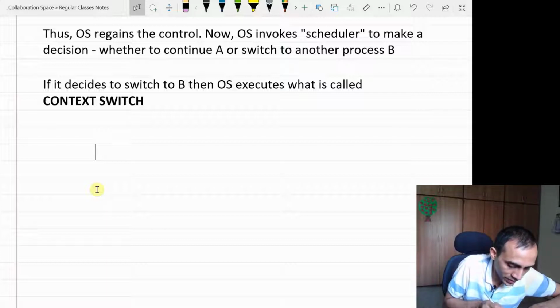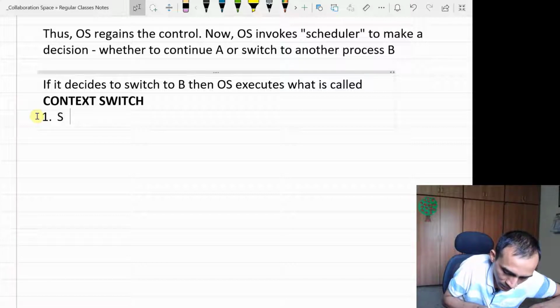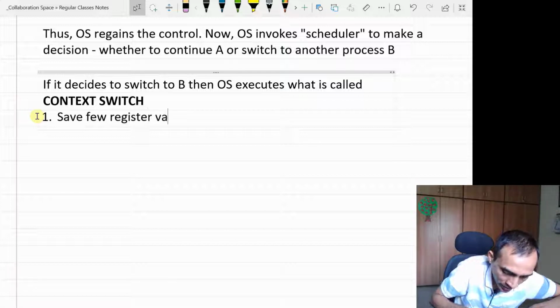So during a context switch, what happens? We save some register values of the current process. The current process is A, so I'm just using the name, onto its kernel stack.